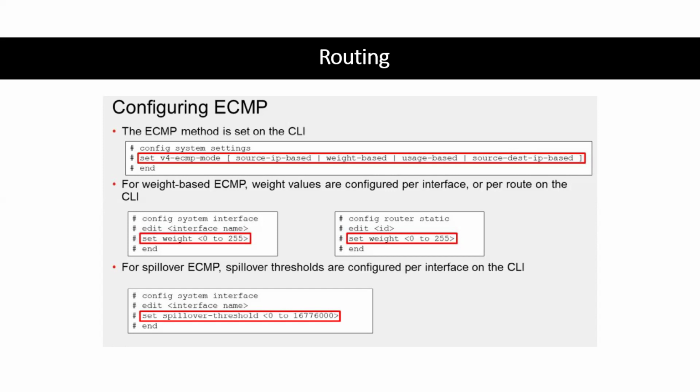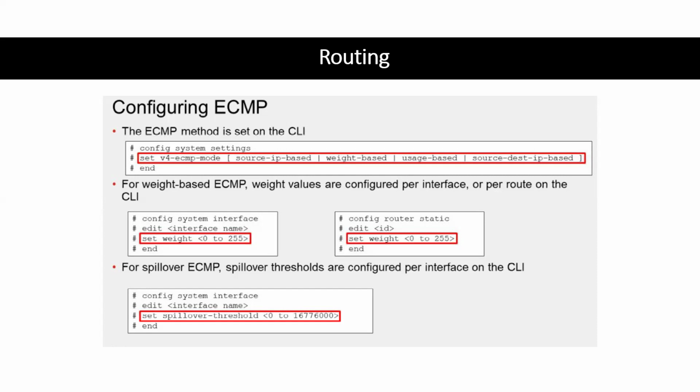That's the default method. If you want to change it, you have to go to the CLI, as you see: config system settings, set v4-ecmp-mode. And of course, you'll be able to choose the mode from the four modes we talked about: source IP, weight based, usage based, source destination IP.